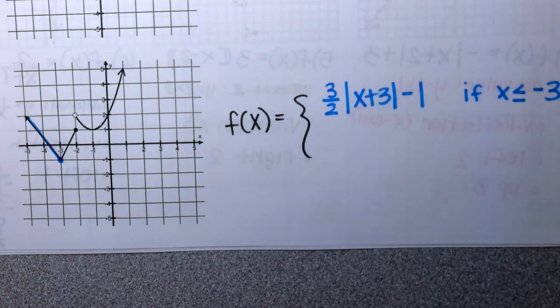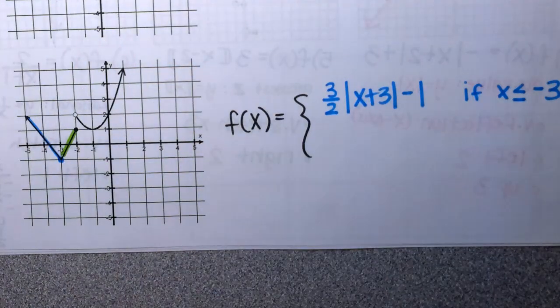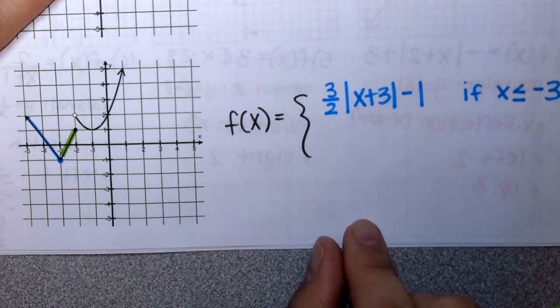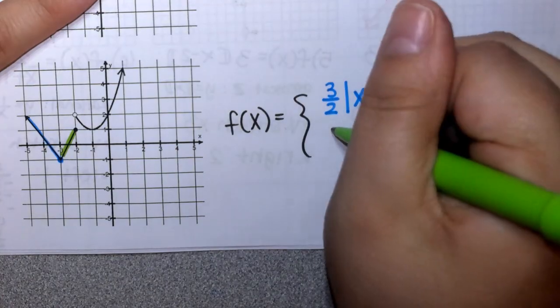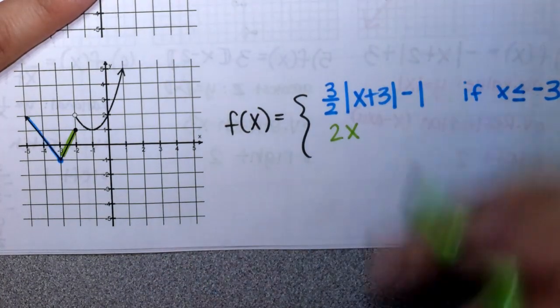Now, my green line. We can't use absolute value anymore, so what can we use for the green line? Just a line. Linear. What is my slope here? 2x. And where would the y-intercept be? +5.